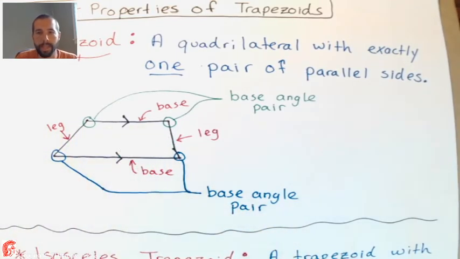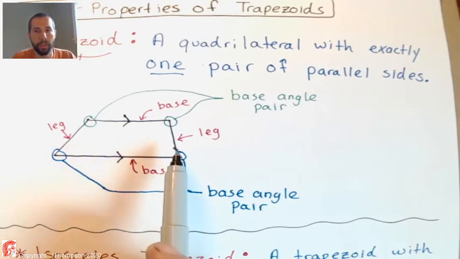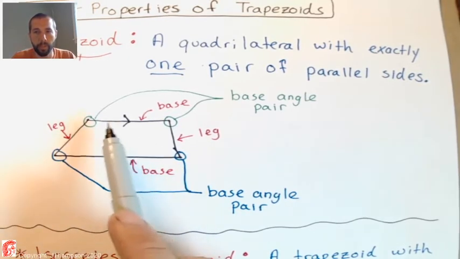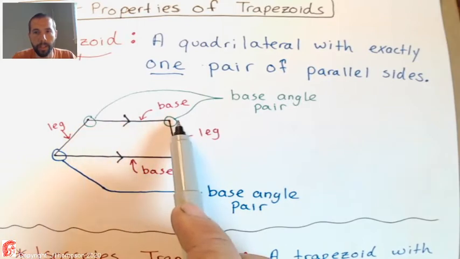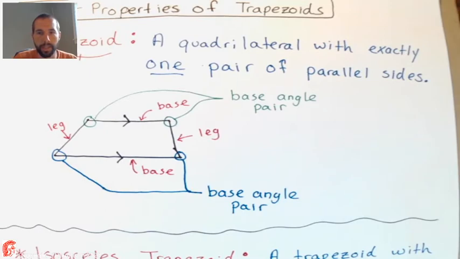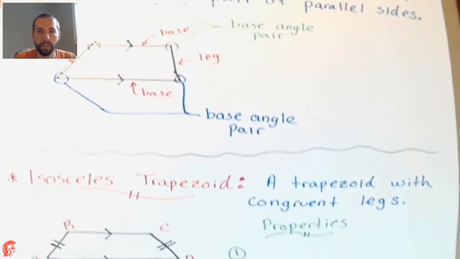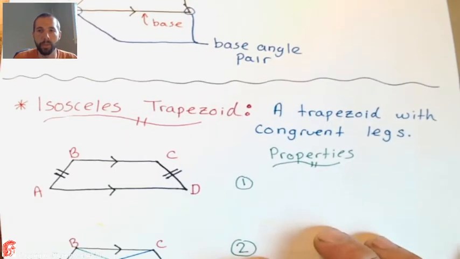Then we use the word base angles. There's two pairs of base angles. The base angles are the angles that are formed by the legs. So this parallel line has two base angles, and then the other parallel line has two base angles. Okay, so then there's a special type of trapezoid, which is the isosceles trapezoid.